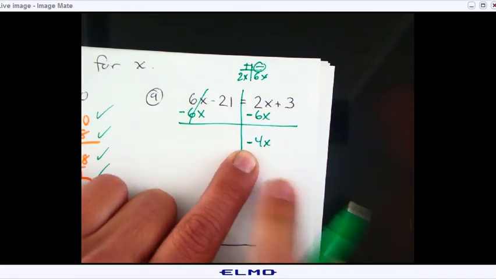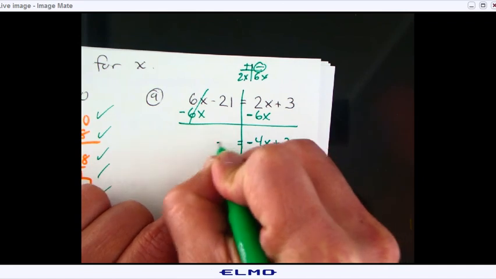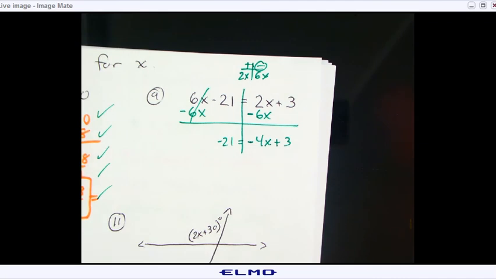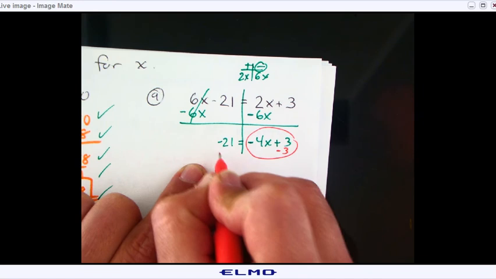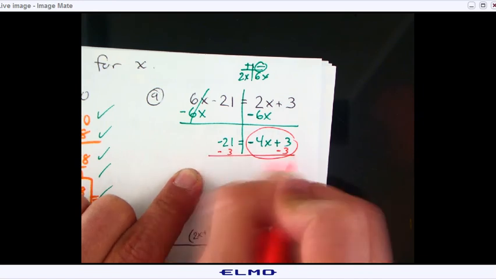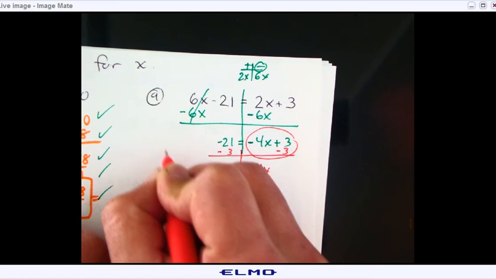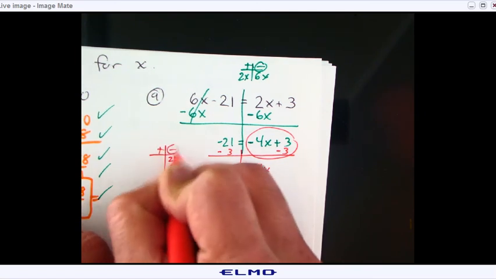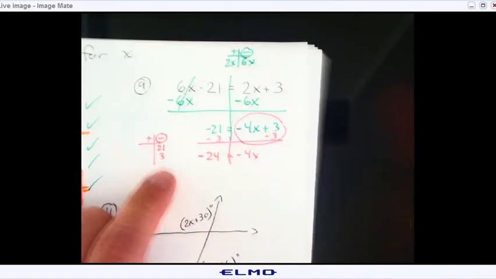This should have been negative 4x plus 3 equals negative 21. See? So then you take away 3 on both sides. And then you get negative 4x equals negative 21 minus 3, which is negative 24. Negative 24. You see that?